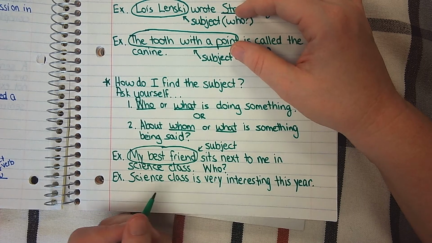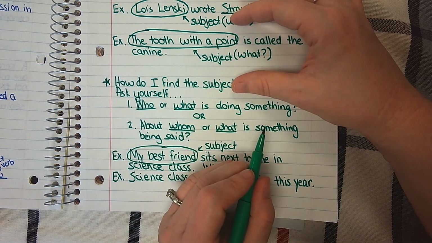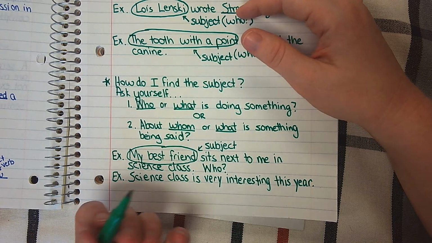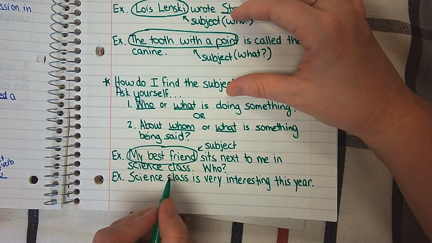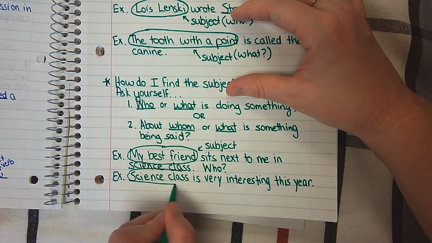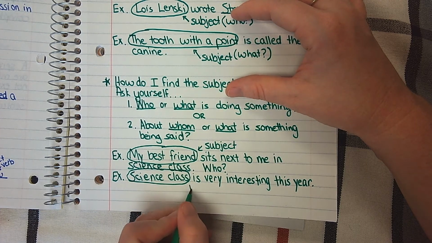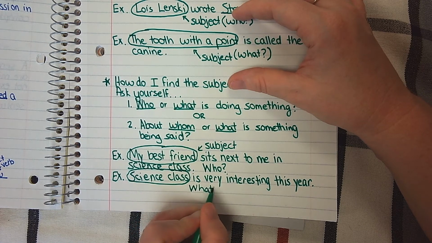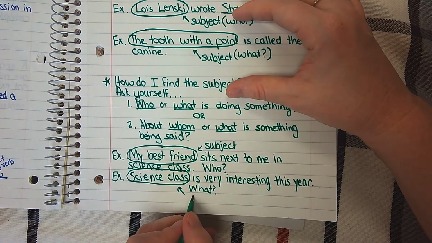While the last question answered the question of who is doing something, this one is going to answer what is being said about something. So what are they talking about? They're talking about science class. They're saying that science class is very interesting. So it's answering the question, what? And again, we're pointing to the subject, which is science class.